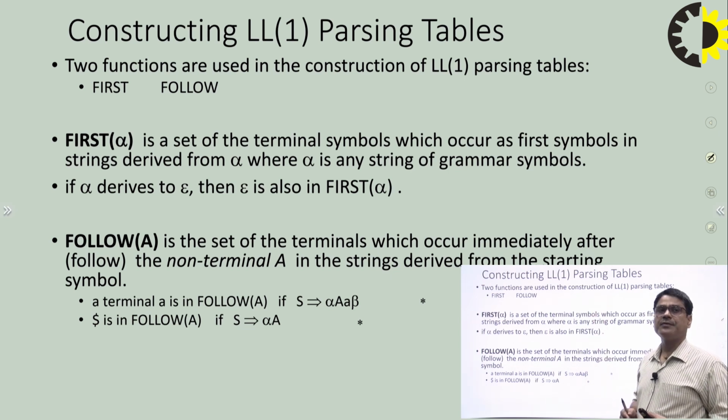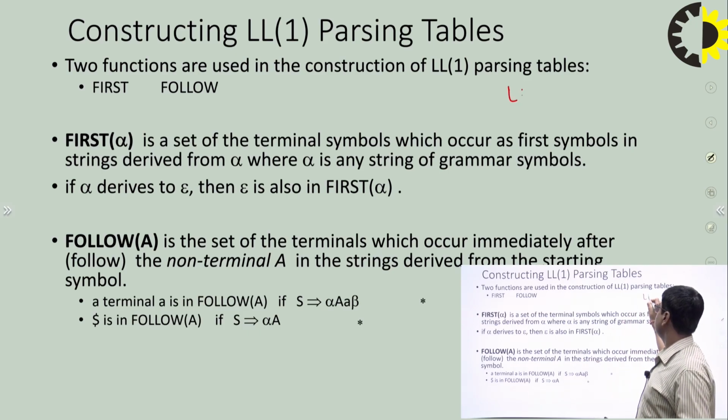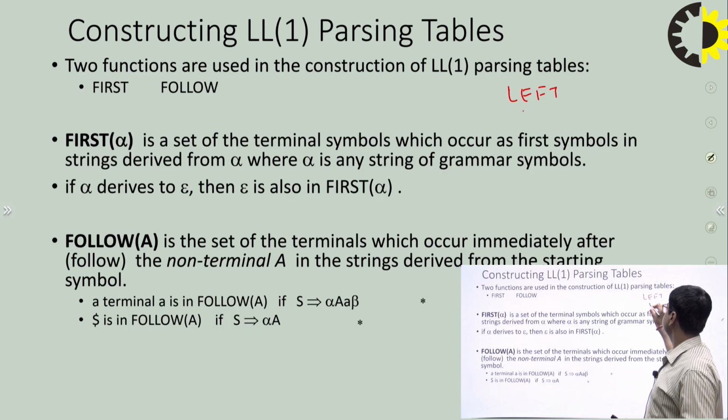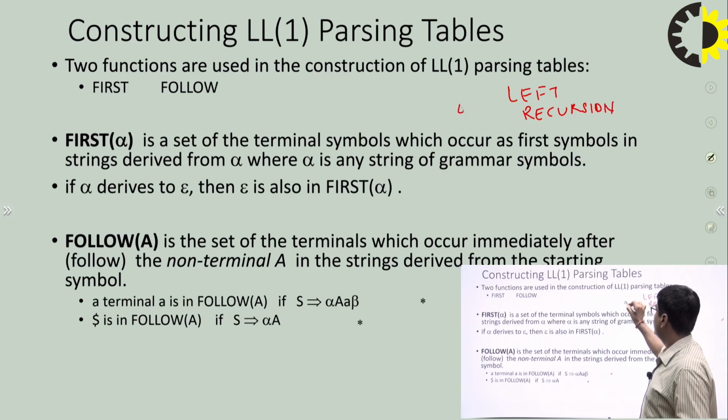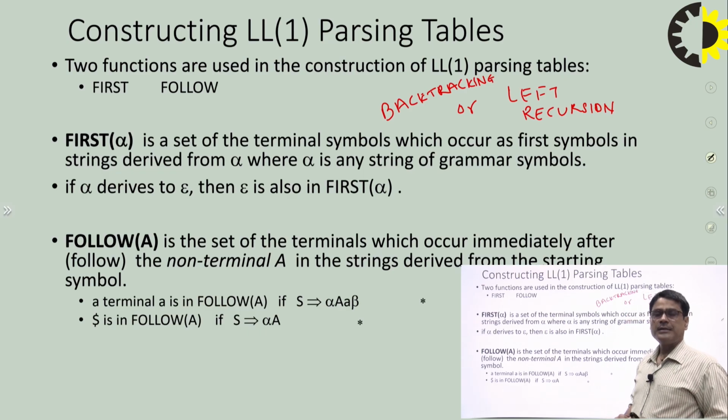The first important thing, when we are going to perform top-down parsing, is that we must check that the grammar doesn't have any left recursion or backtracking. These are the basic problems when we are going to perform top-down parsing.